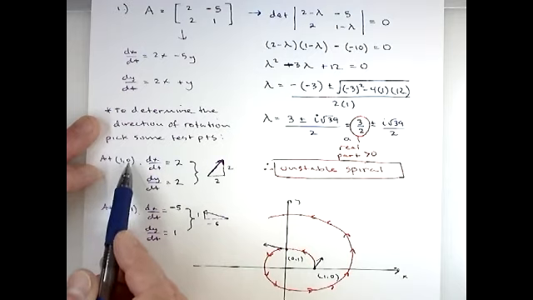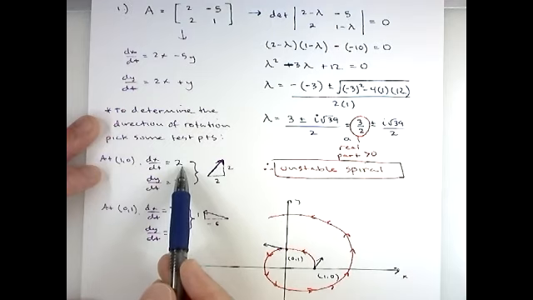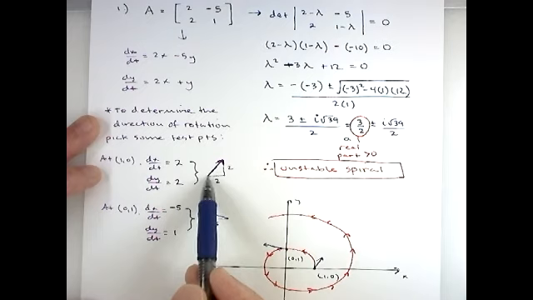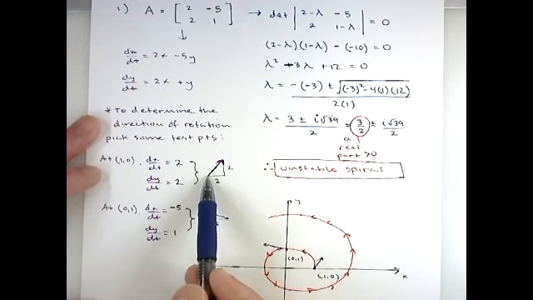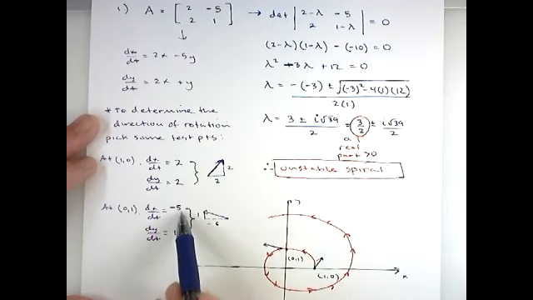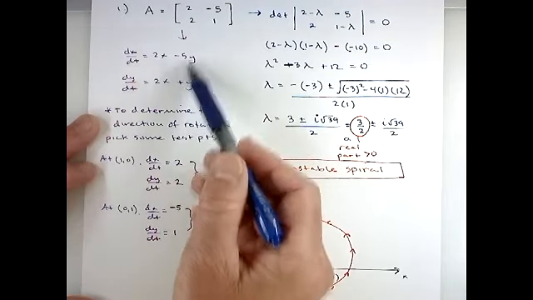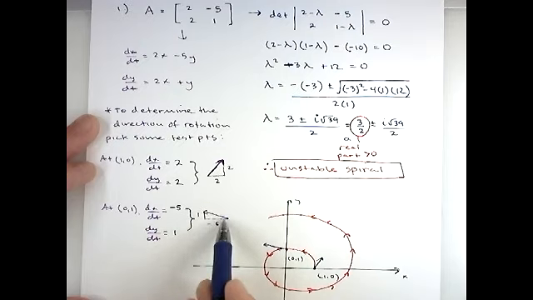If I plug x equals 1, y equals 0 into my two differential equations, I get a value of 2 for both dx/dt and dy/dt. That would be translated as a vector that goes over 2, up 2, which would be a vector at about a 45-degree angle. At 0, 1, an easy point to evaluate, if I plug 0 for x and 1 for y, I'm going to get negative 5, 1, which is a vector that goes left 5 and up 1. So it's going to be moving up and to the left.